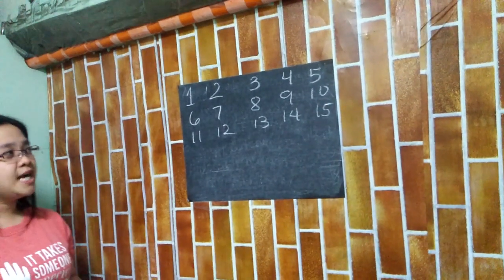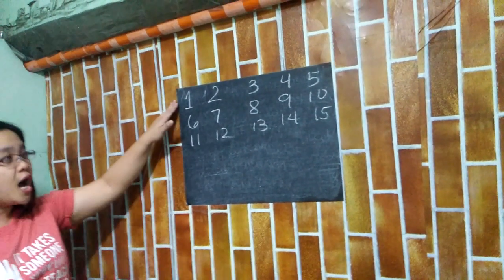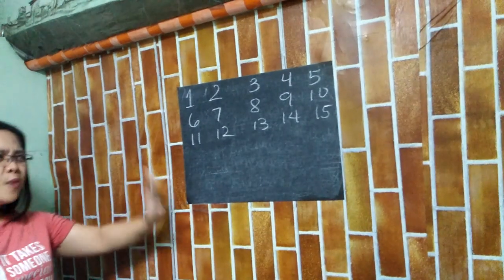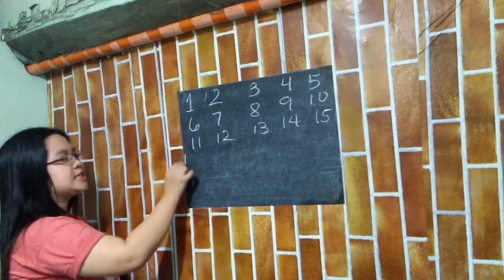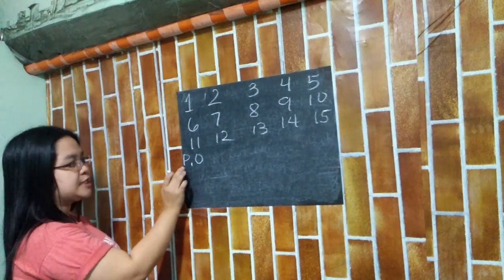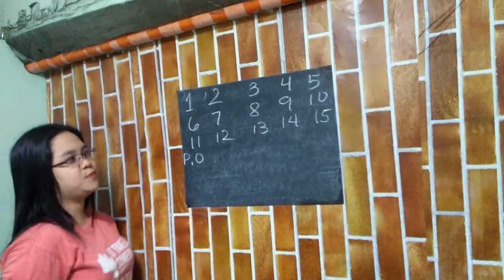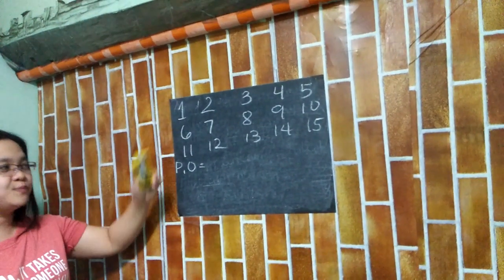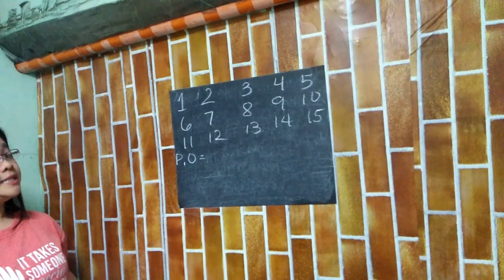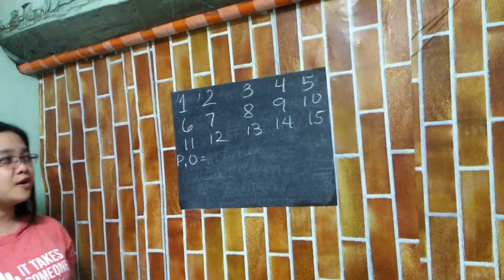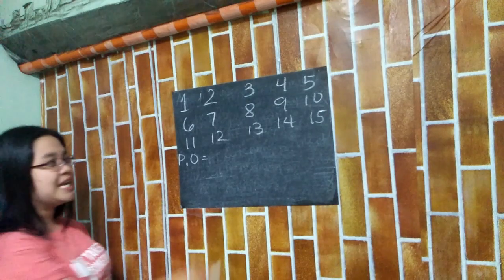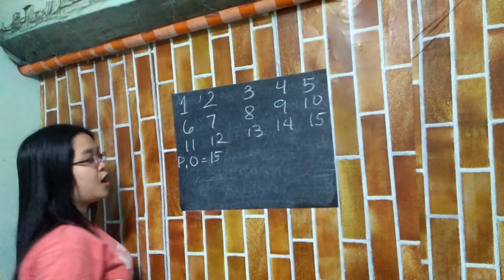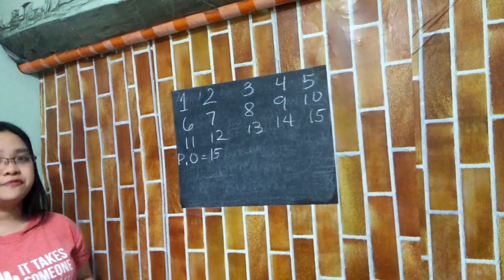As you can see, I wrote on the board numbers 1 to 15. So what is the possible outcome? By the way, this PO means possible outcome. What is the possible outcome on these number cards? Since we have 15 number cards on the board, that is also our possible outcome, 15.